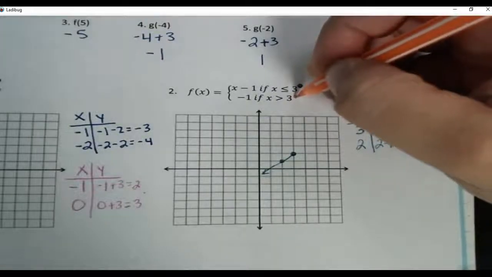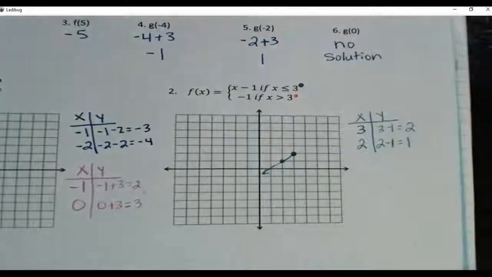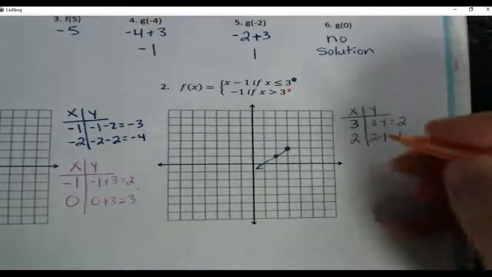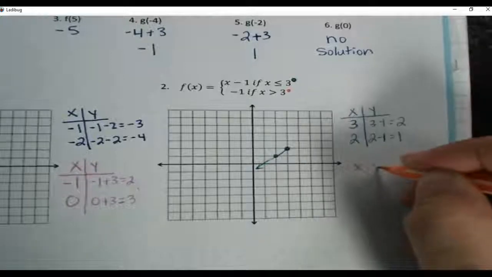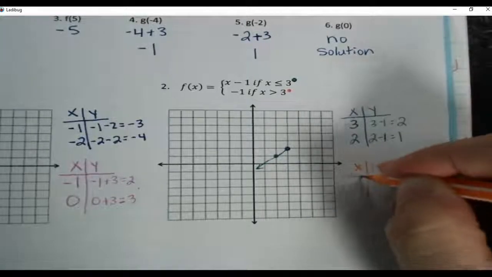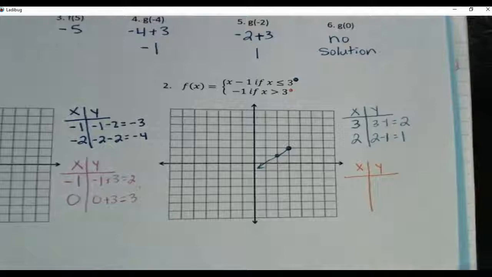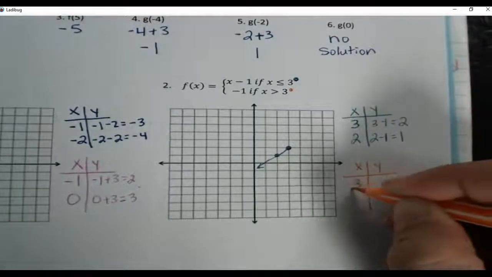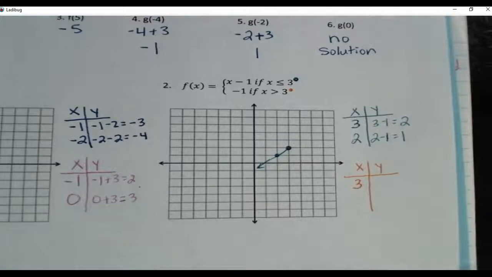Alright, so this next one is a little bit different. So if I look at this, it's just negative 1. So we can still make a table. Again, it gives me that x is greater than 3, so we have to use 3. What else can we use? 4, yeah.